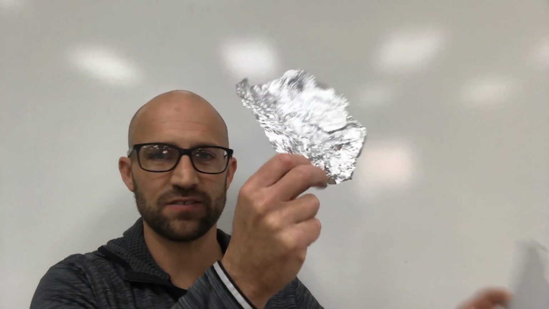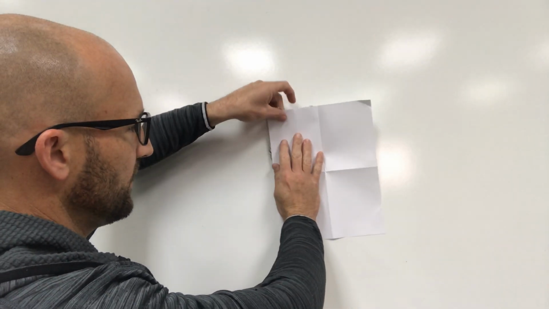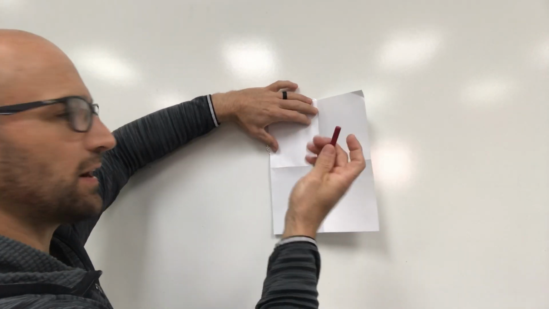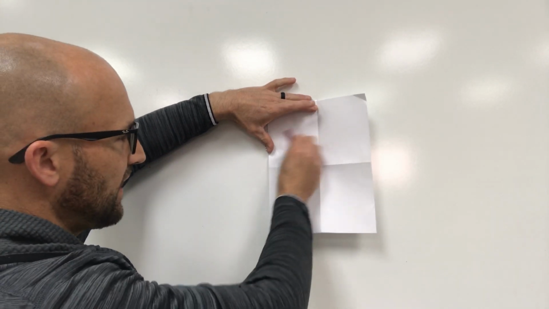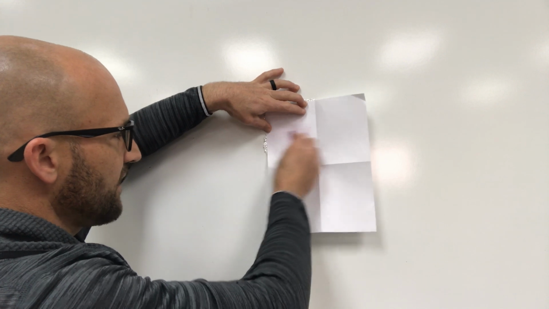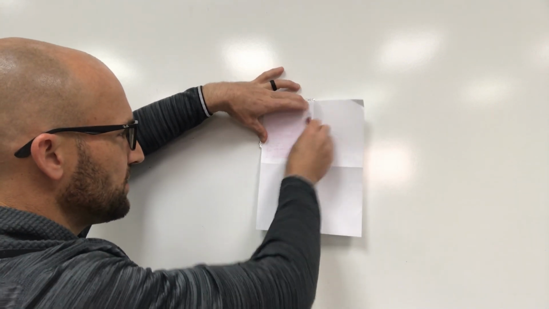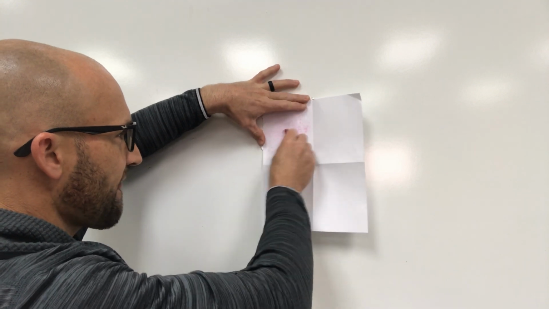Okay, so what I have is my paper, and I have some aluminum foil, and what I'm going to do is just put the aluminum foil underneath the paper, and then I'm going to take my crayon sideways and then rub the crayon along the aluminum foil to show you the texture.